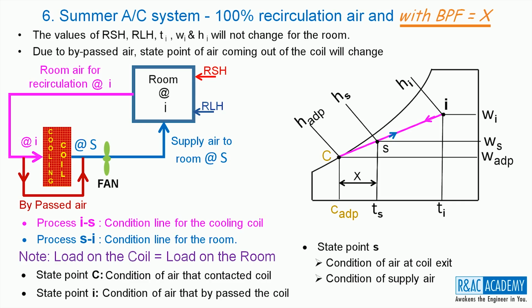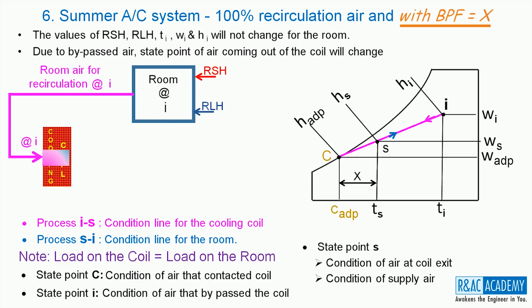We can visualize the situation as two independent air streams such that one stream at state I is passing through the coil, coming in contact with it and attaining state C at coil exit. The other stream at state I is bypassing the coil altogether.